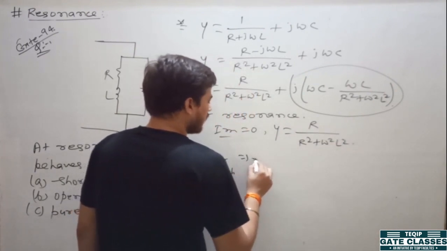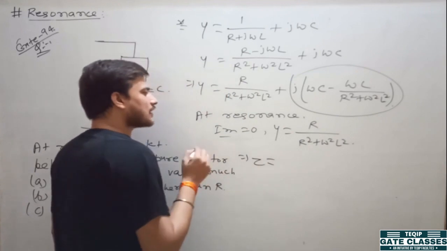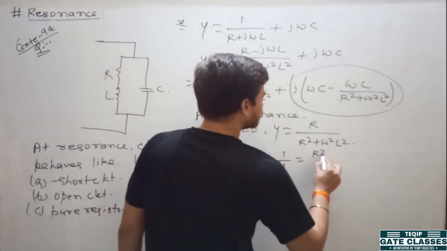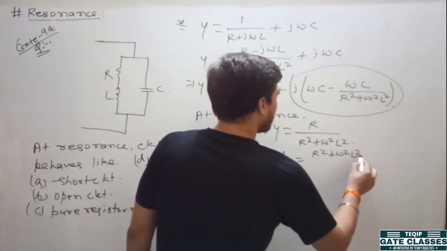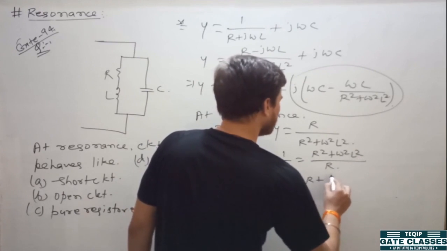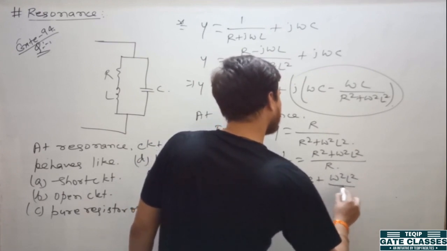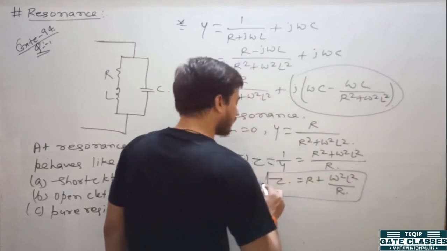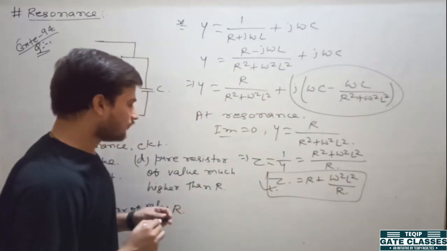That means impedance at that condition will be equal to 1 by Y, and it is equal to R square plus omega square L square divided by R. If you simplify it, it will be R plus omega square L square divided by R. So this is the value of impedance of the circuit at resonant frequency.